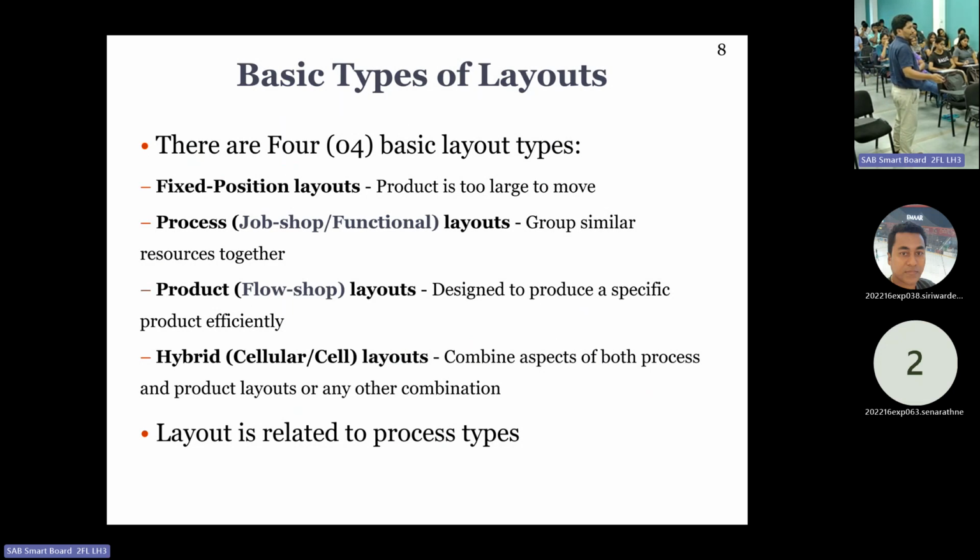The main characteristic is that similar resources are grouped together. We will discuss more. What is the third one? We call it the product-oriented layout. That is unique. Also known as flow shops or assembly lines, where the main characteristic is to produce a specific standardized product efficiently.